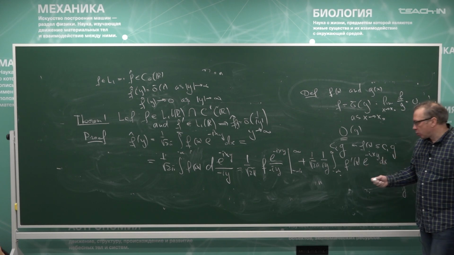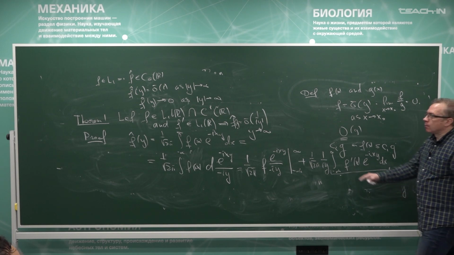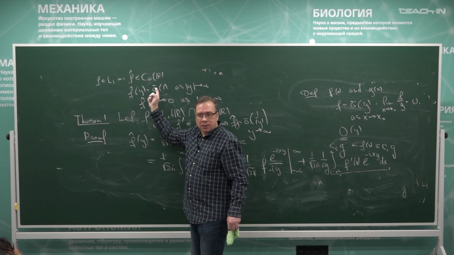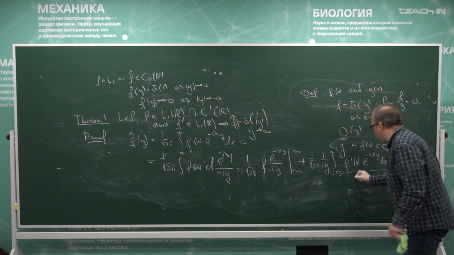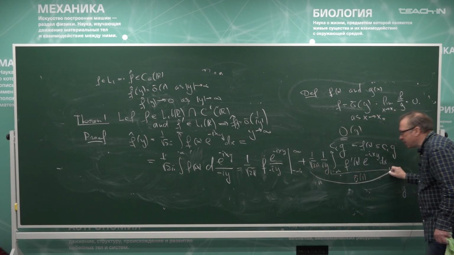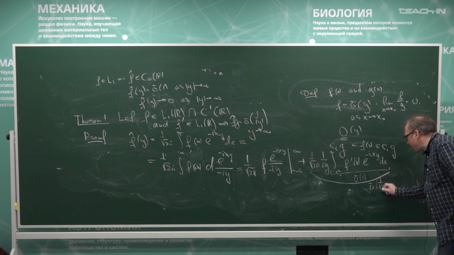What can you say about this integral? We know that the Fourier transform is O small of 1, so with this, it is O small of 1 over y.